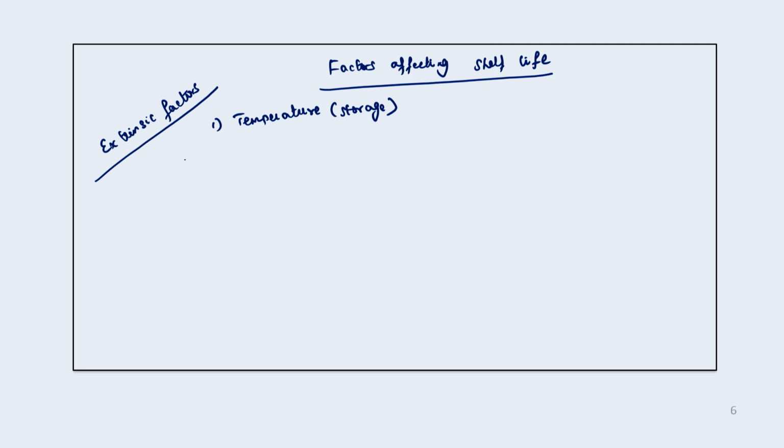Normally, low temperature does not eliminate microbial growth completely.